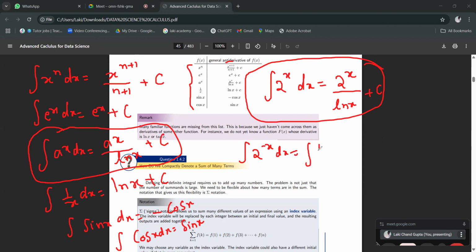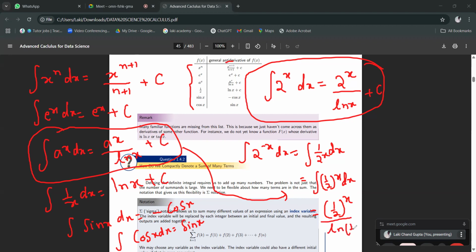You can write 1 upon 2 raised to x. Now use this formula again, a raised to x, plus c. This is constant.